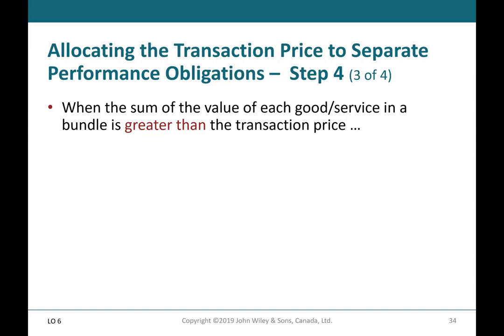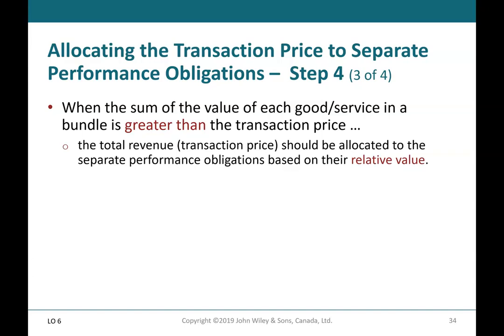Allocating transaction price to separate performance obligations, step 4, 3 of 4. When the sum of the value of each good and service in a bundle is greater than the transaction price, the total revenue or transaction price should be allocated to the separate performance obligations based on their relative value.